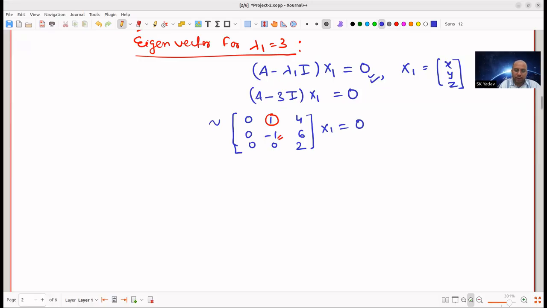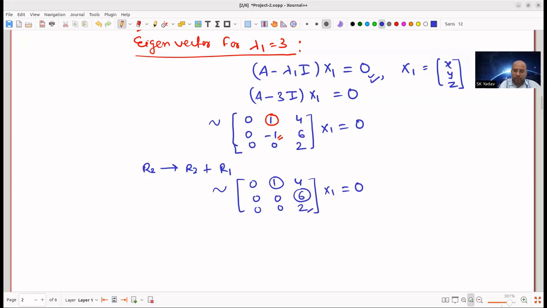So I will do the operation R2 changes to R2 plus R1. This will give you the matrix 0, 1, 4, 0, 0, 6, and the last row is 0, 0, 2, times x1 equal to 0. Again, this is the leading element, and in the second row this one is the leading element.